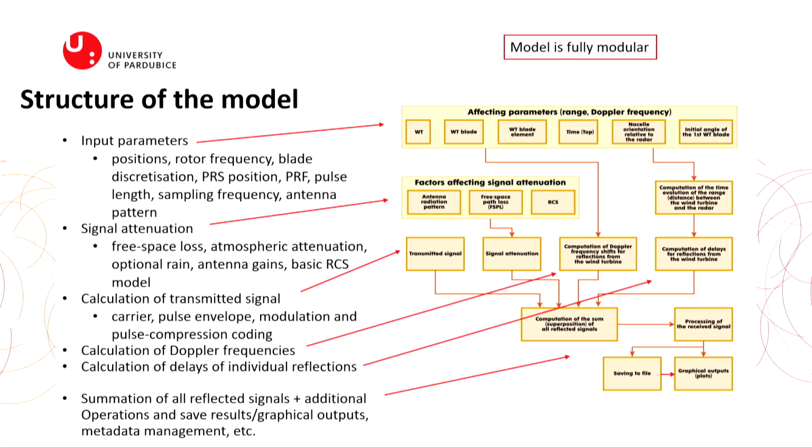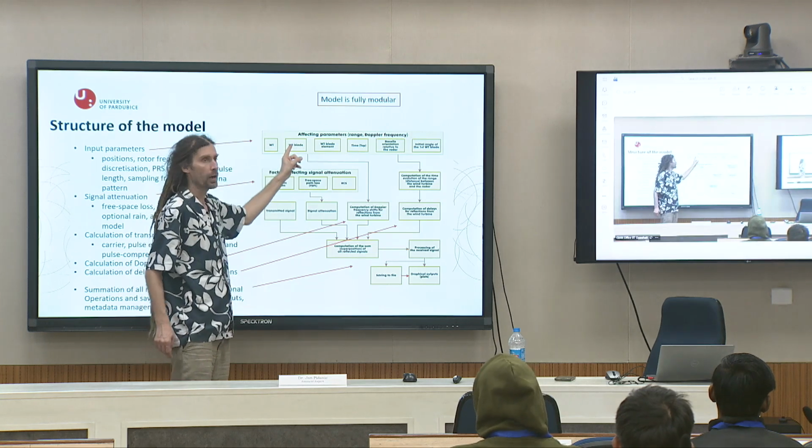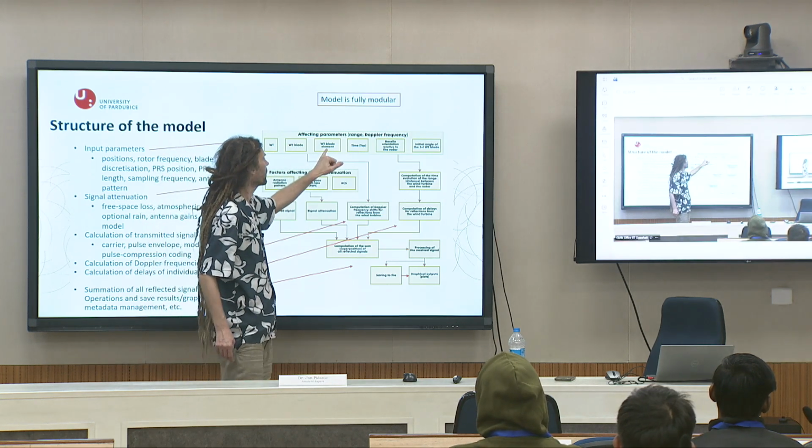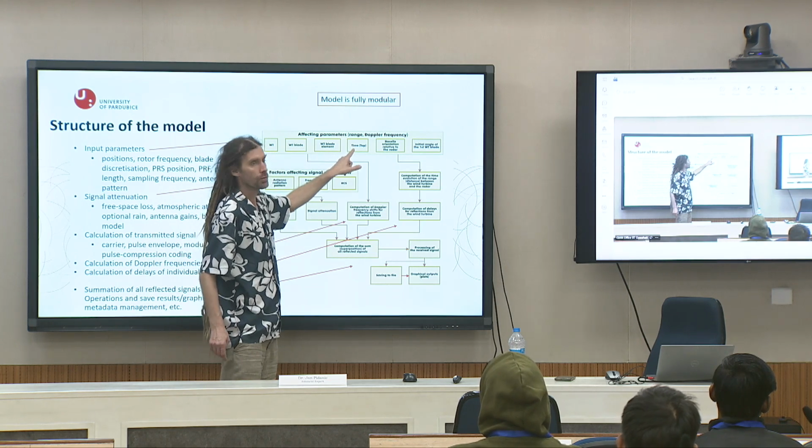Here is the complete structure of our model. Okay, I will stand up because it will take a longer time. There you can see the affecting parameters. These are input parameters: wind turbine parameters, wind turbine blade parameters, wind turbine blade element, time, what is it?